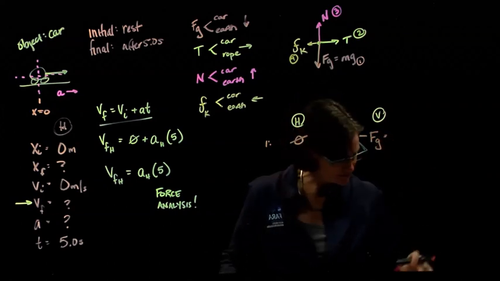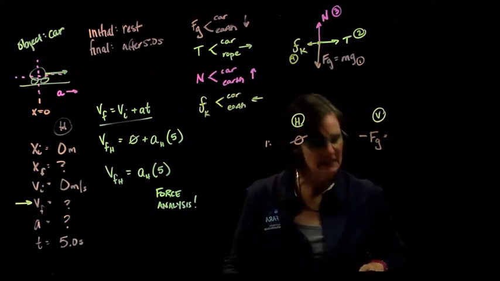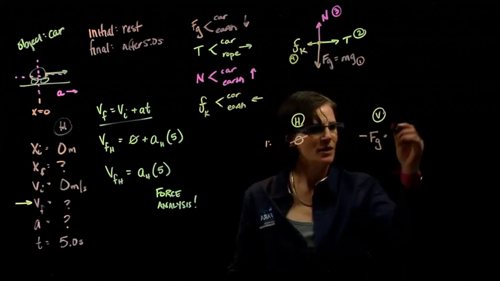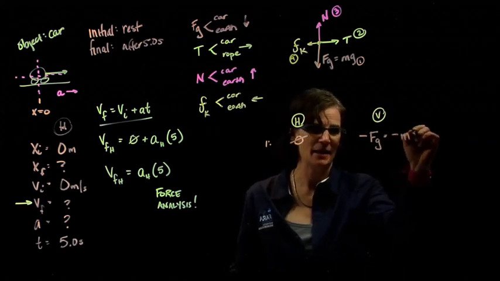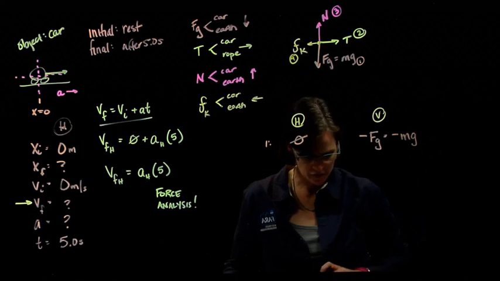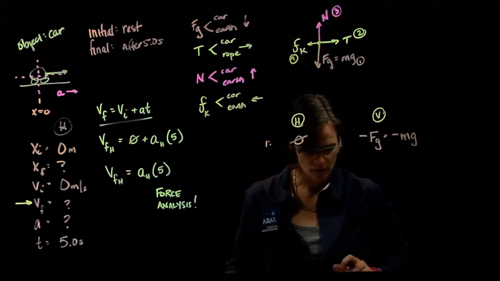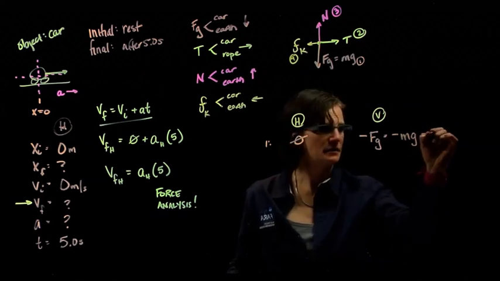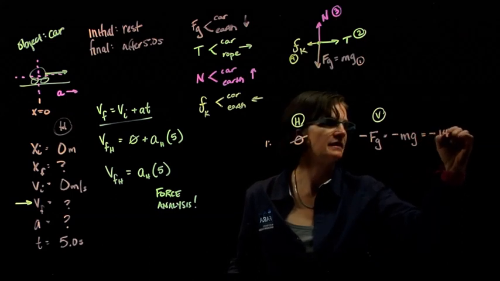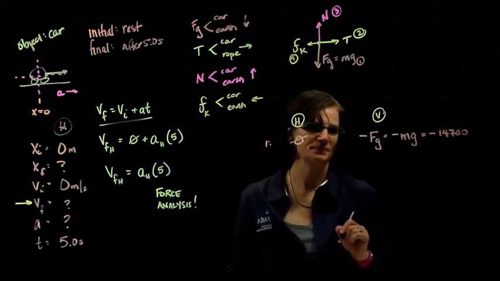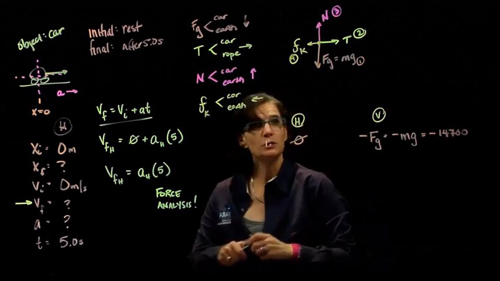And it's actually given to us. It tells us that I have a 1,500 kilogram truck. Well, we know it's minus mg, and 1,500 times 9.8 gives us minus 14,700.